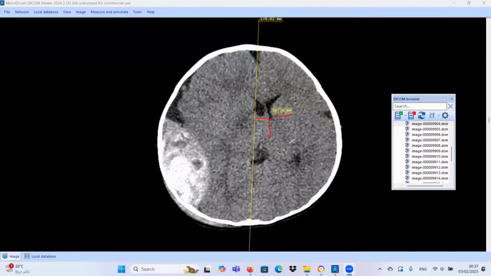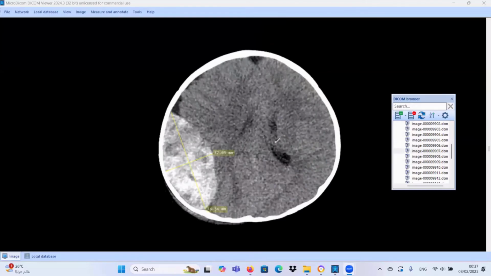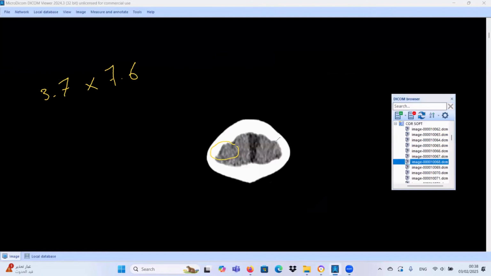And we should measure the extradural hematoma. It measures about 3.7 centimeters in thickness, which is very important. Also, it measures about 7.6 centimeters, so we have two dimensions in the axial plane, 3.7 times 7.6 centimeters. We should also measure the craniocaudal dimension.